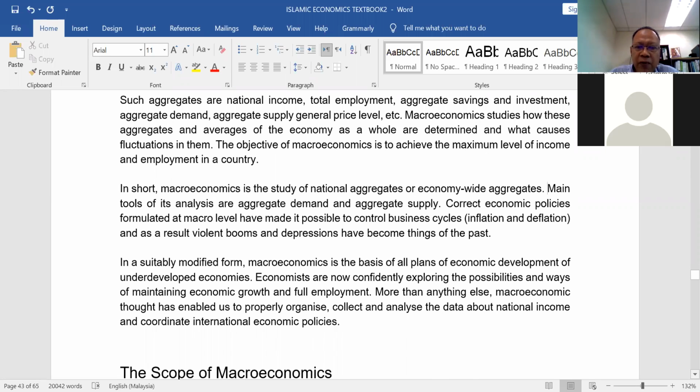So macroeconomics is the basis of all plans of economic development of not only the advanced economies, but also the underdeveloped economies. Like Malaysia.